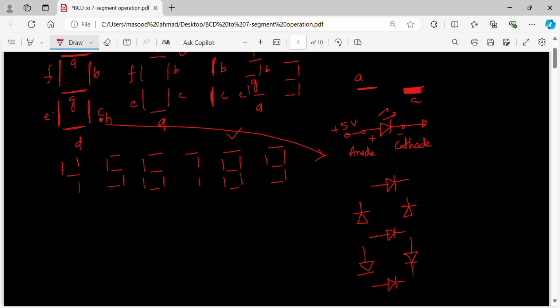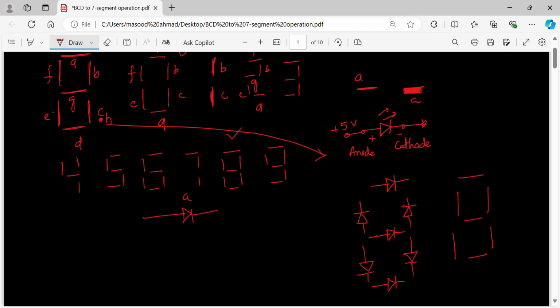See this structure. For every segment, one LED. How they are connected is that they can be connected like this.